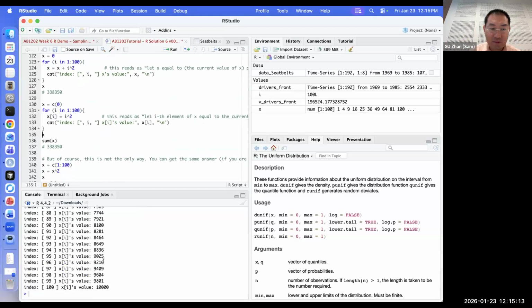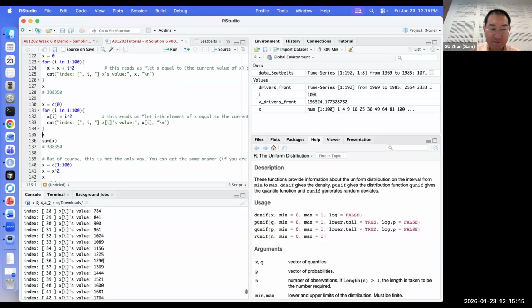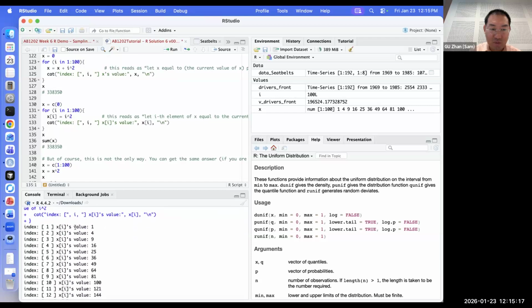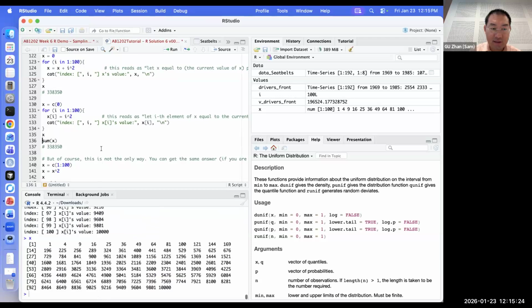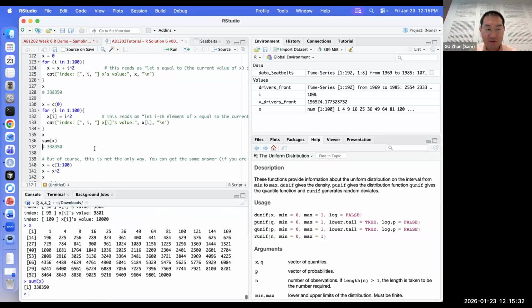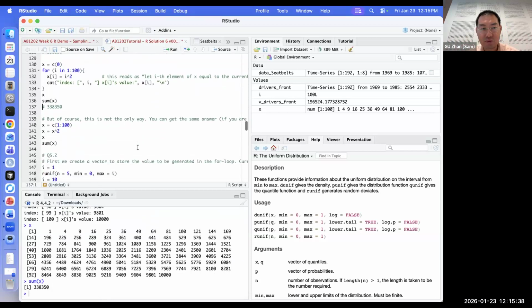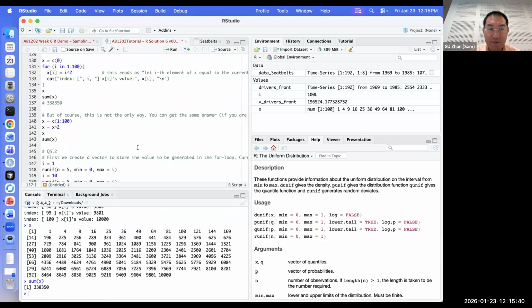In this example, x1 is 1, x2 is 4, x3 is 9. So you have a long list, x1 to x100, a 100 numbers. After that, you sum them together, and we arrive at the same value. So there are a few ways for you to implement it.